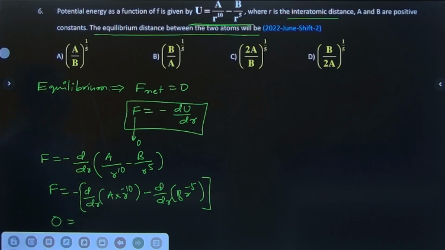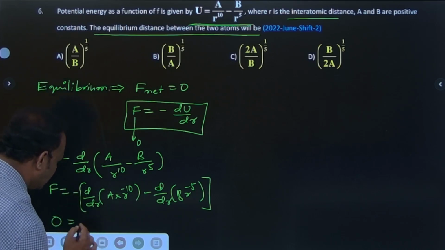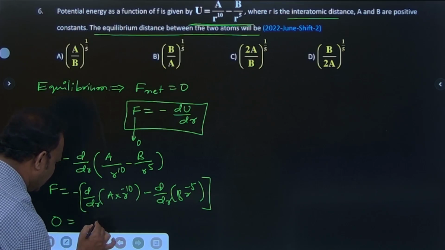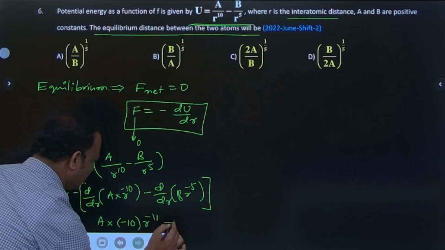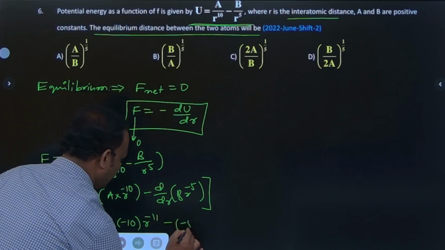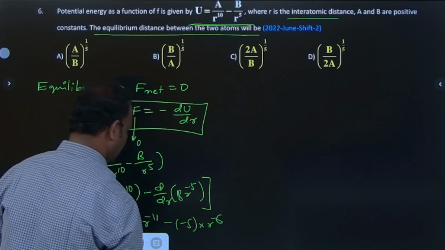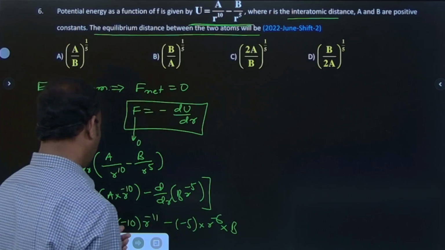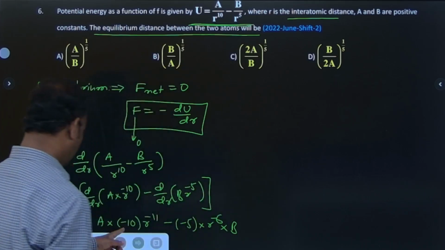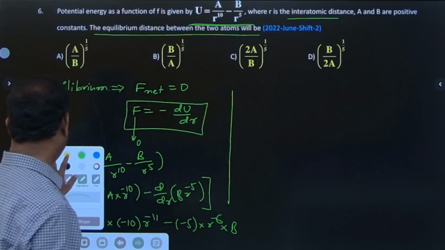For the equilibrium condition, net force is equal to 0. Now differentiating: A into minus 10 into r power minus 11, minus of minus 5 into r to the power of minus 6, into B. So now go for the proper calculation.